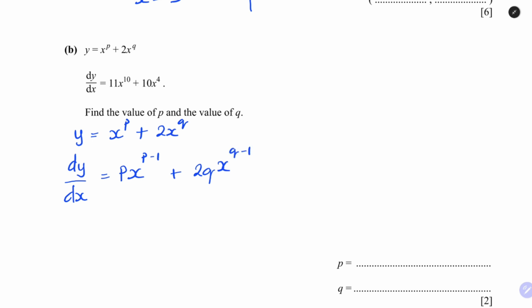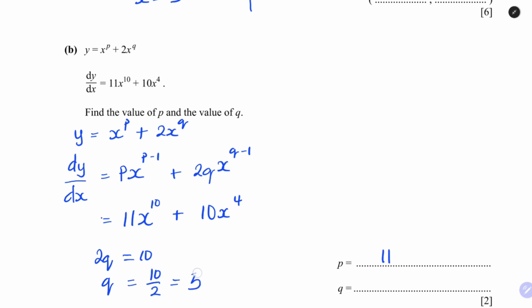So this is what we are going to compare to what we are given. Here we are given that it's supposed to be equal to 11x raised to power 10 plus 10x raised to power 4. By comparing the two, we see instantly that our p is 11 and 2q is 10. So q will be 10 over 2, which is 5. So our q is 5.